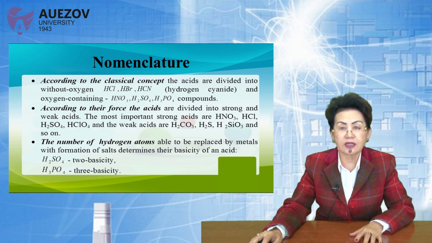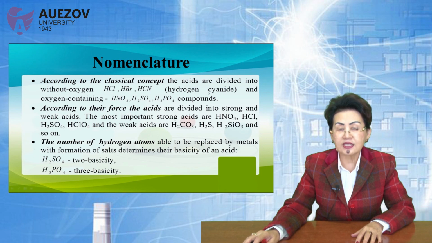According to the chemical concept, acids are divided into those without oxygen, for example hydrochloric, hydrobromic, hydrocyanic, and oxygen containing, nitric acid, sulfuric acid, orthophosphoric acid. According to strength, the acids are divided into strong and weak acids.